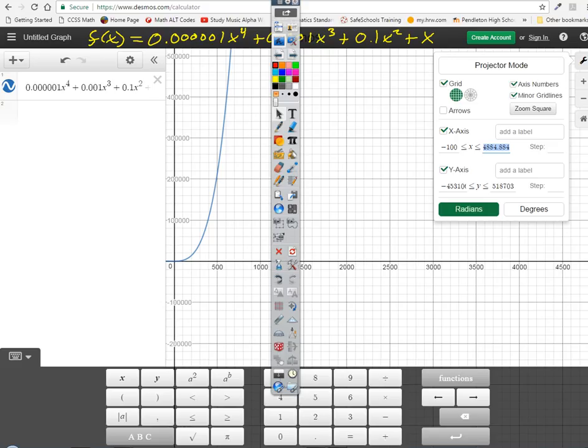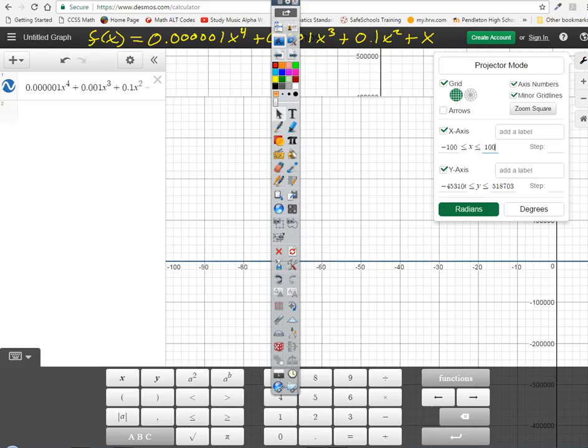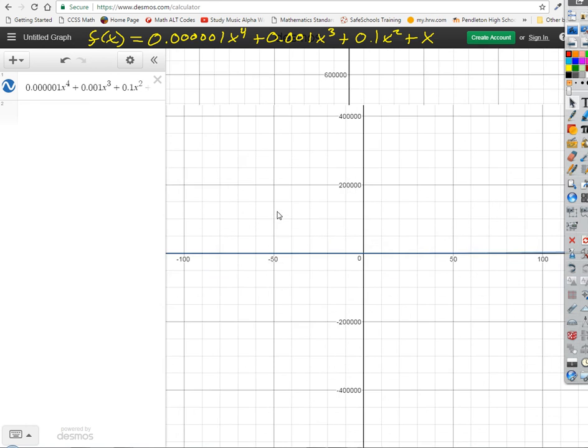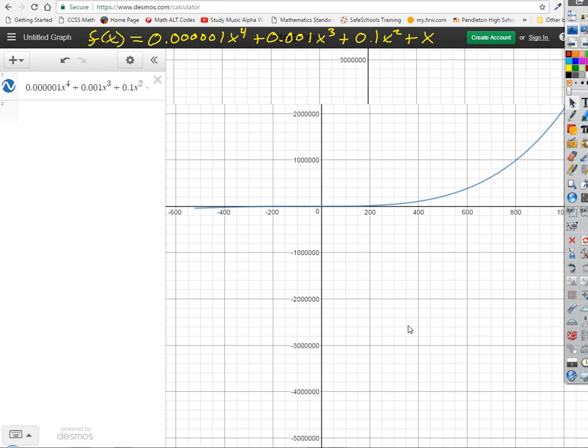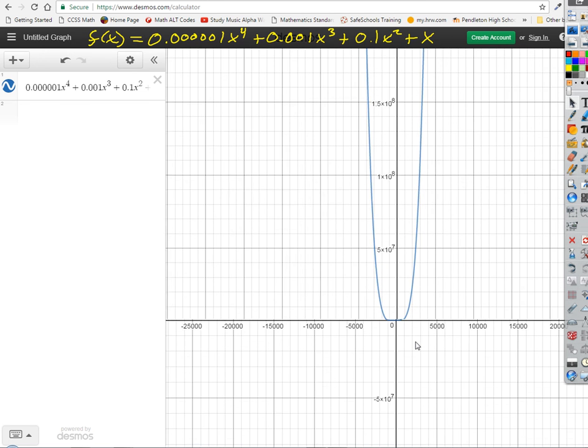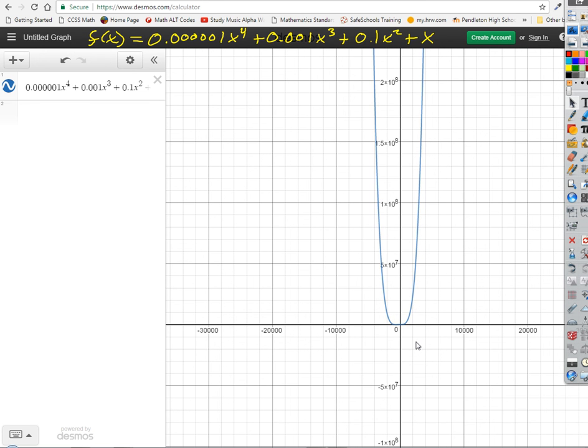I'm going to stretch out the x-axis one more time. And then look what happens. Okay, these are big values, right?